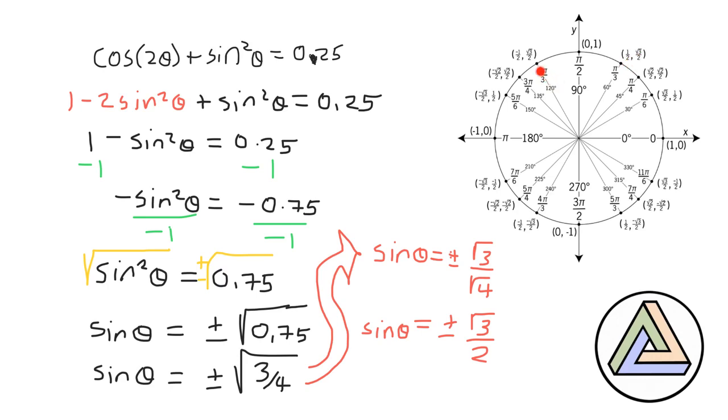We have a y coordinate here of positive radical 3 over 2. And we have a y coordinate here of negative radical 3 over 2. And a y coordinate here of negative radical 3 over 2. So that corresponds with pi over 3, 2 pi over 3, 4 pi over 3, and 5 pi over 3.